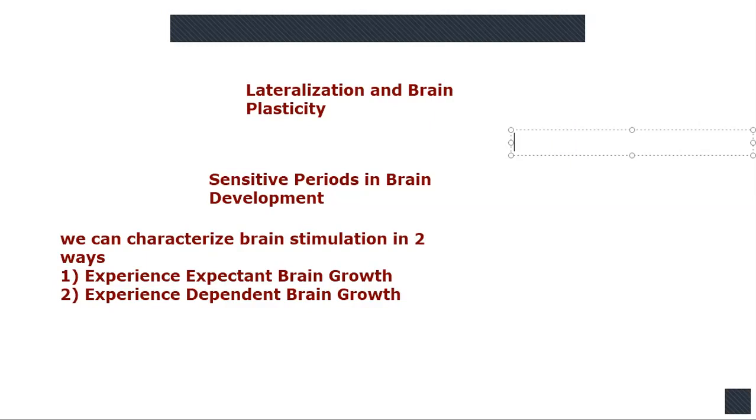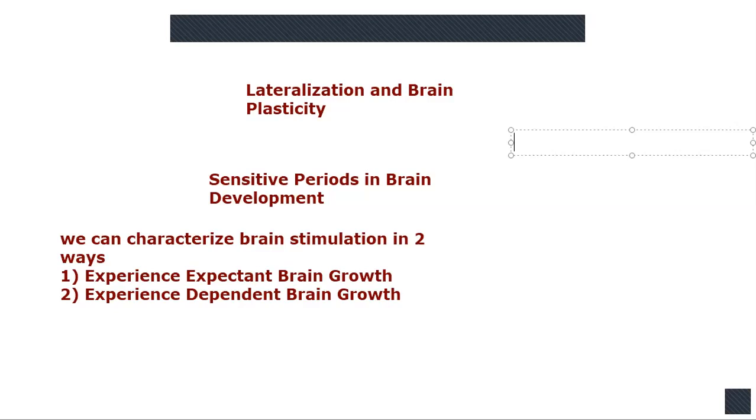You would remember that the cerebrum is one of the largest parts of the brain, and we can divide the cerebrum into two equal halves, which are also called left and right cerebral hemispheres.